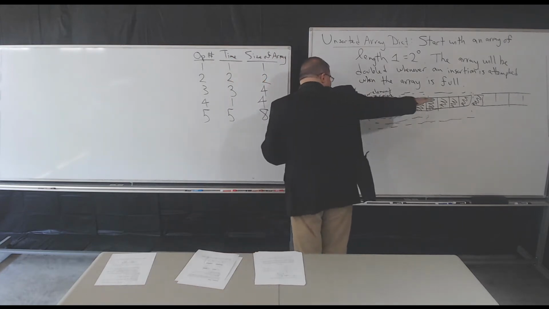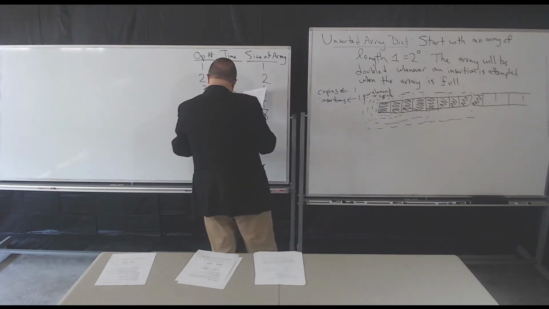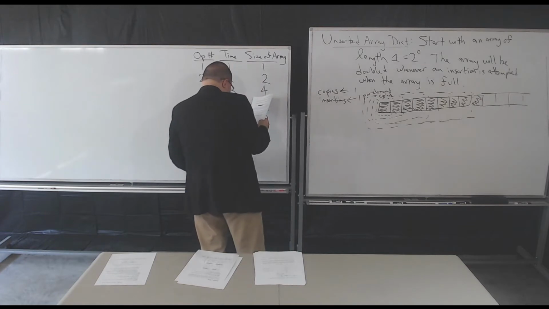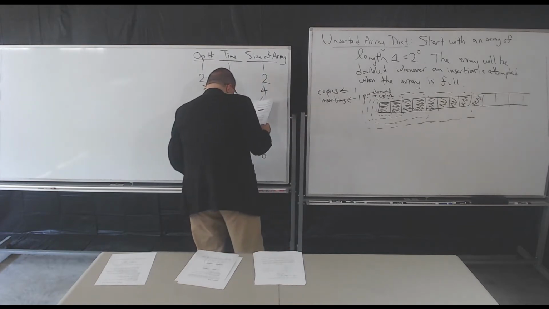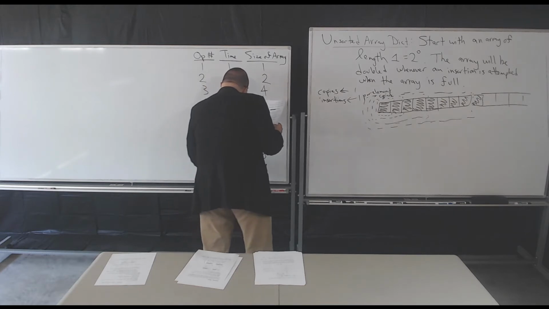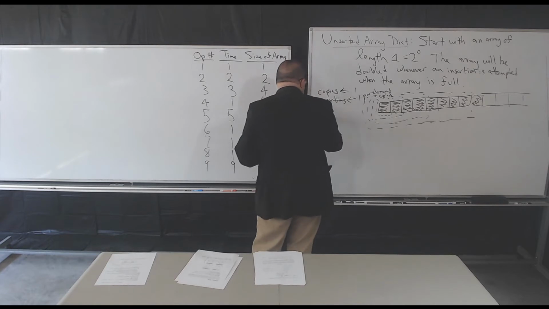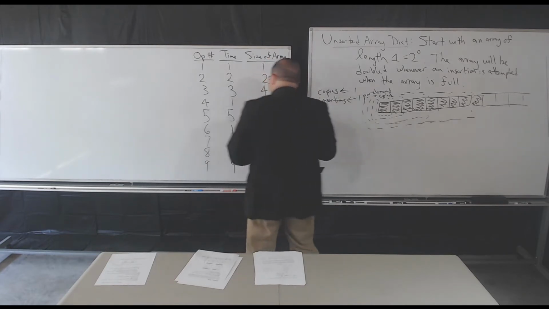Remember, I'm just writing it out as a table to help me get a little bit of intuition of what's going on. So 6, this should be 1. 7, it should be 1 because it's not full yet, right? 8, it shouldn't be full yet. However, on operation number 9, it's going to take 9 because remember, it's going to have to do 8 copies, then do an insertion. And now the length will be 16.